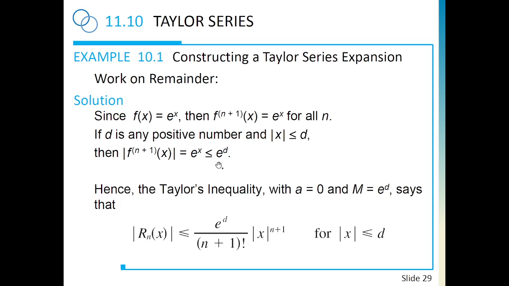This is a number obviously. So basically what that means is that this derivative here on any finite interval is smaller than e to power the upper bound of the interval, which is a number. So for any given interval we have a constant here. It might be a big constant, but doesn't matter, it's a constant. And then we will compute the limit when n goes to infinity, and we'll get that this goes to 0.